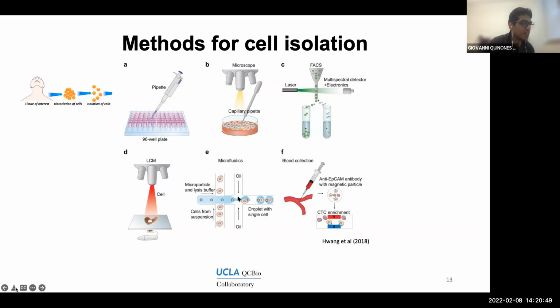Later on, this fluid is intersected by another channel that has oil, and this oil is going to break apart this fluid into individual droplets. And these droplets, with some extent of efficiency, of course, are going to have one microparticle and one cell within them. That way, you can sequence and study RNA within each droplet, and that's how you get your cell-specific signal.